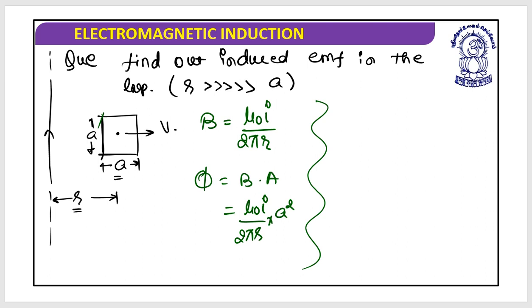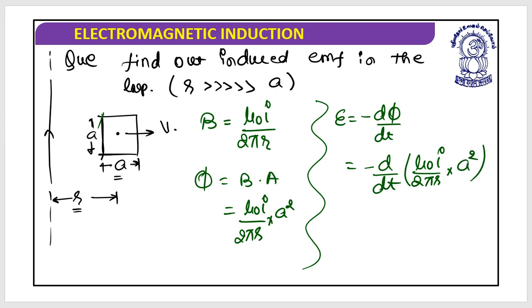How will I do this? What could be done? So E should be equal to minus d phi by dt. This d phi by dt could be written as minus d by dt of mu naught I by 2 pi r into a square.